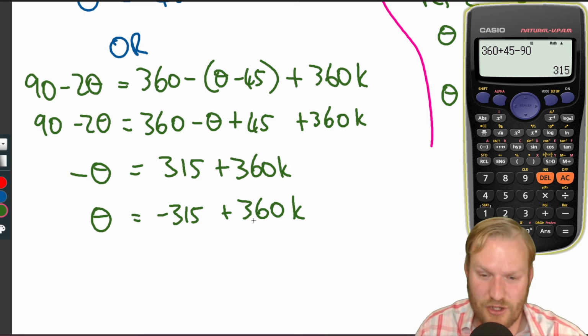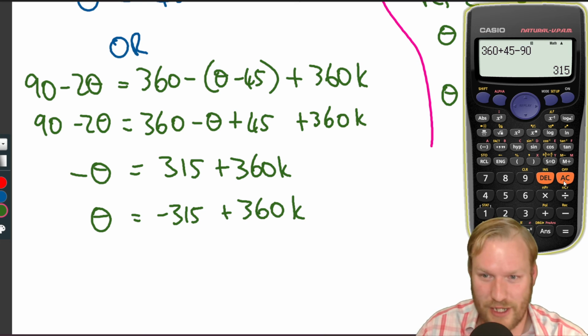Again, k is an integer, so we don't need to say minus. Sometimes it really doesn't matter. Minus 315, if we add 360, we should be at our second solution.